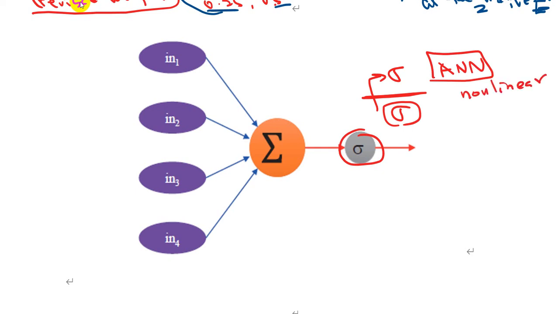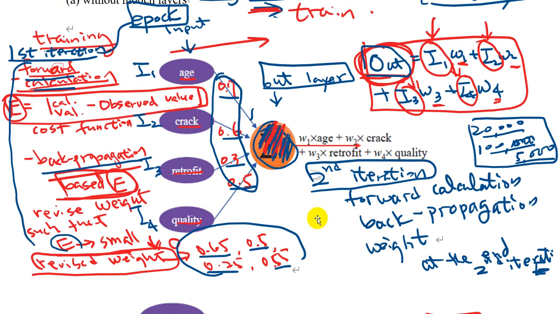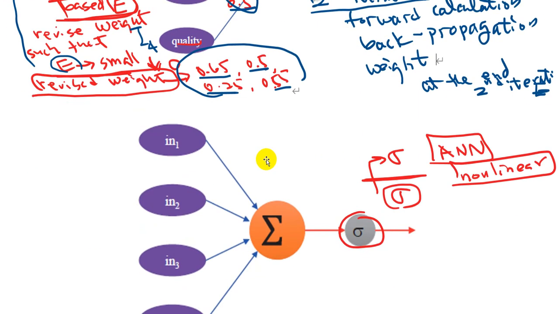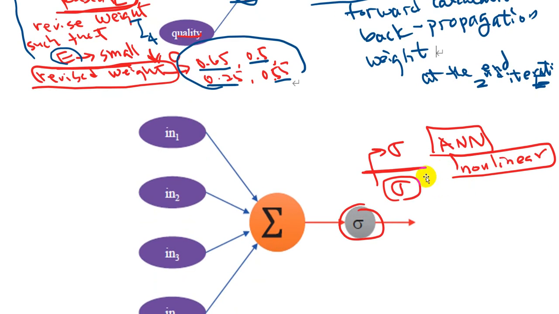Because most of the behavior that you see with your engineering equations or your social behaviors or whatever is mostly nonlinear. But as you see over here in neural networks, every relationship is based on linear, which you cannot properly consider non-linear behavior if non-linear behavior exists.